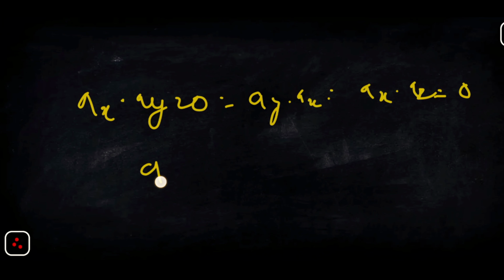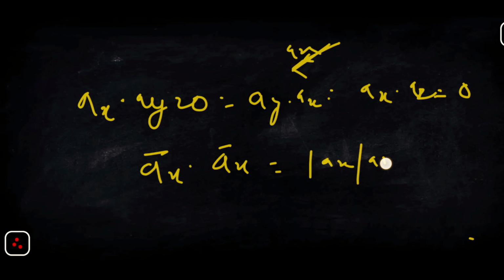Another property is a unit vector multiplied with itself. Suppose we take AX dot AX. AX is a unit vector, and if we assume another unit vector parallel to it, what does AX dot AX become? Magnitude of AX, magnitude of AX multiplied and cos of the angle, cos 0 degrees.